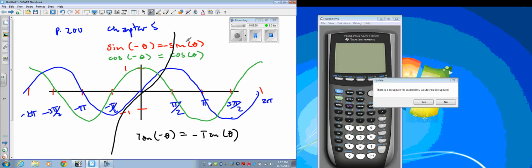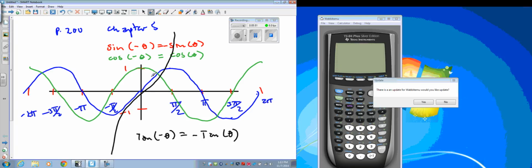It's the graph that is opposite the sign. It's the negative sign that you have up there of the angle. If you go minus 30 degrees on sine, you're going to be 1/2 down, negative. But if you go positive 30 degrees, you're 1/2 up.